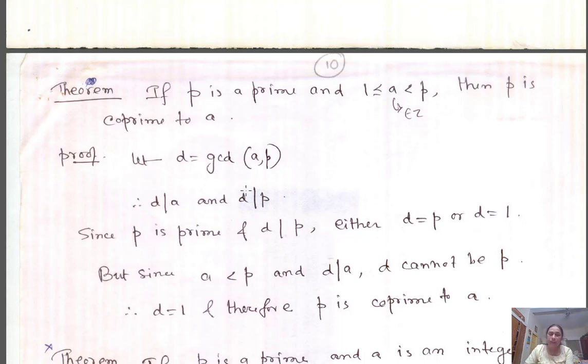Since P is a prime, we have to show the GCD of A and P is 1, that is, A and P are co-prime. If it is not 1, suppose D, so D divides A and D divides P. D divides P implies D must be either P or 1.